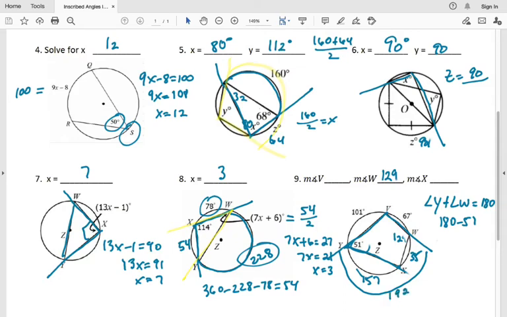So if I do 192 divided by 2, I get that angle V is 96 degrees because it has to be half as big as that 192. And then angle X and angle V have to be supplementary. And so I'm going to say that here, angle V plus angle X has to add up to be 180. So 180 minus that 96 tells me that angle X is 84. And that's all of that circle.